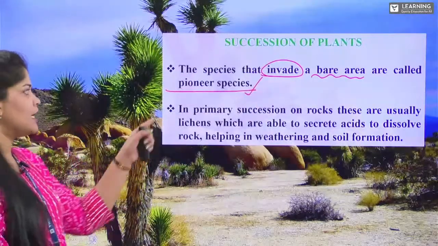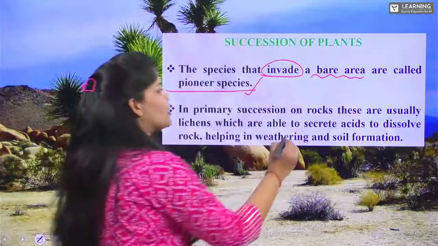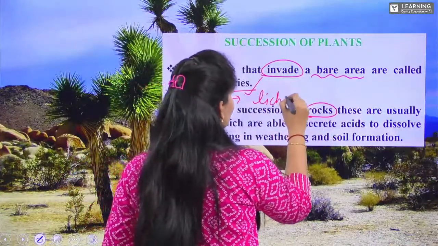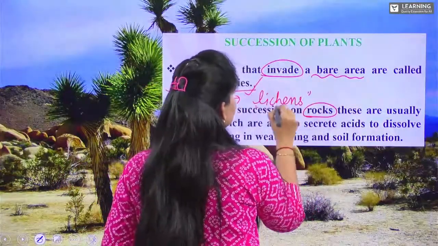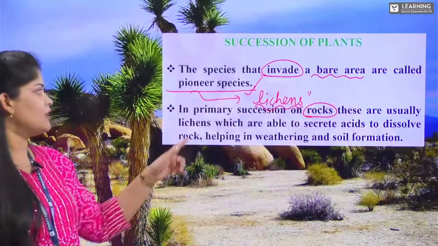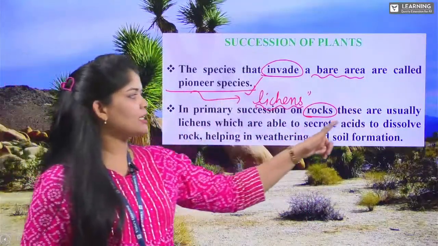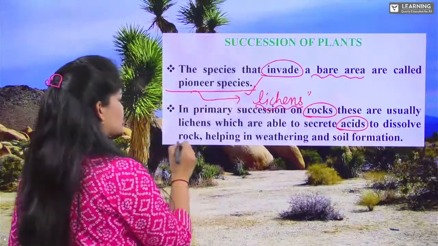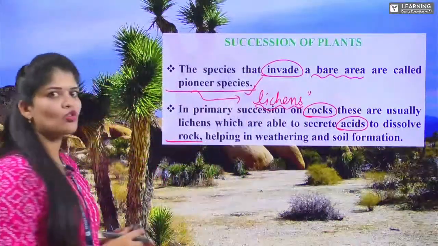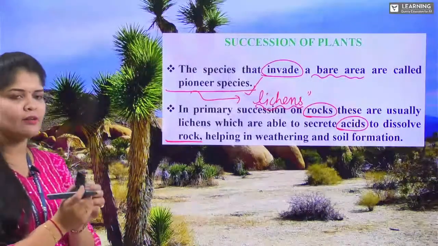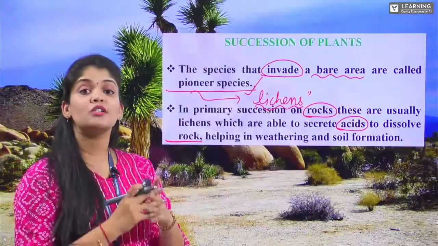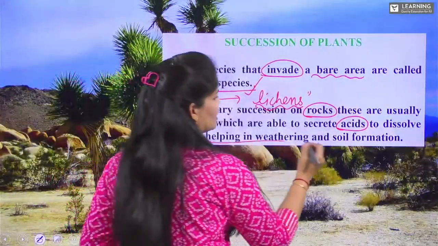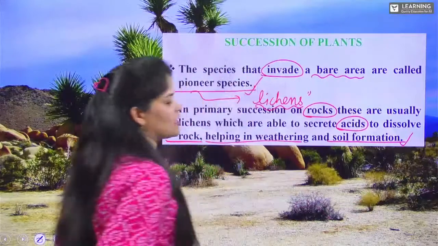In primary succession on rocks, these pioneer species are usually lichens, which are able to secrete acids, and these secreted acids have the ability to dissolve the rocks. While these rocks are dissolving, it is helpful for the process of the formation of soil, what we call soil weathering. Helps in weathering and soil formation.